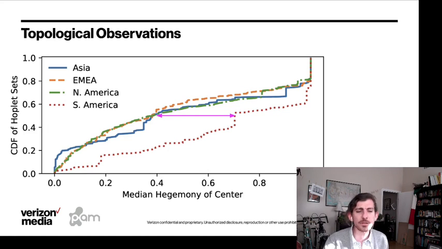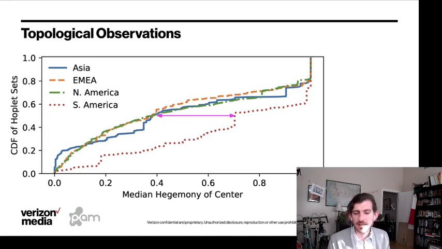We also wanted to take a look at some of the topological features visible in these Hoplets. To this end, we took the AS hegemony. So we asked ourselves, when we observe a Hoplet, how important is the AS where we observe that Hoplet to the destination network? And AS hegemony is a measure that answers exactly this question. So for each Hoplet, we looked at the AS hegemony and broke them down by regions again.